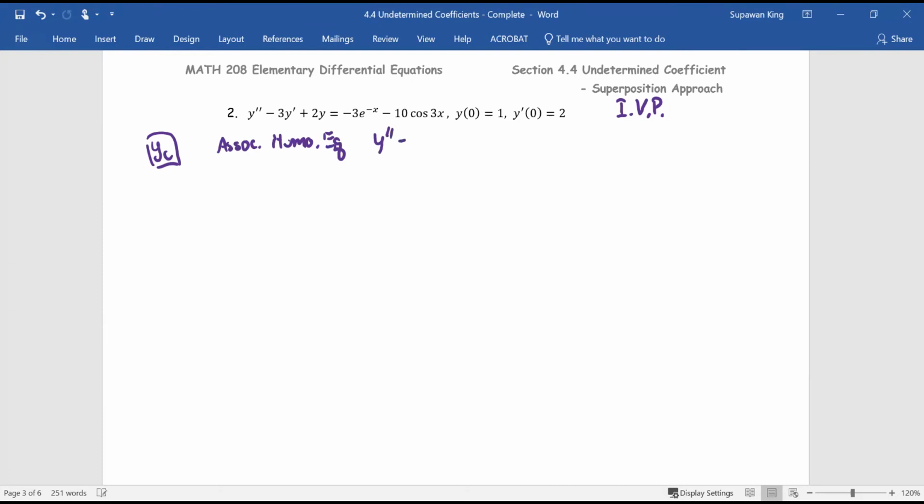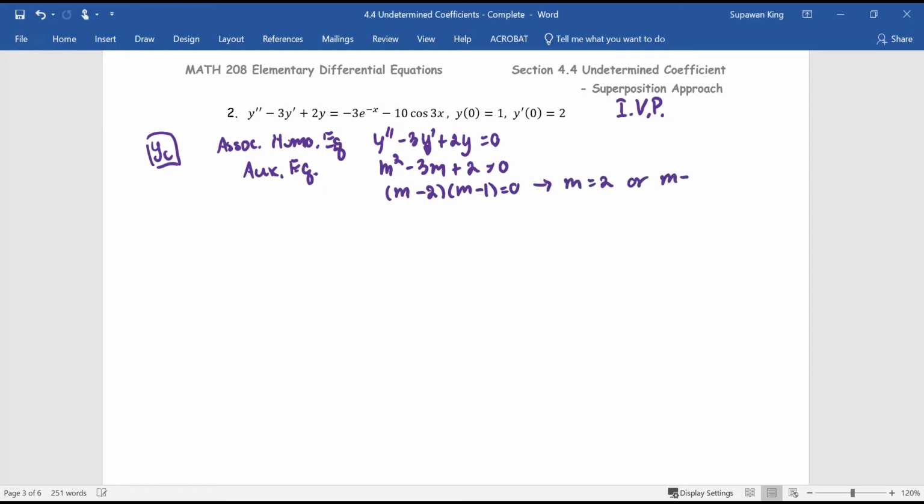That is y double prime minus 3y prime plus 2y equals 0, with the auxiliary equation in the form of m squared minus 3m plus 2 equals 0. Factor completely to get (m minus 2)(m minus 1) equals 0, to get m equals 2 or m equals 1.